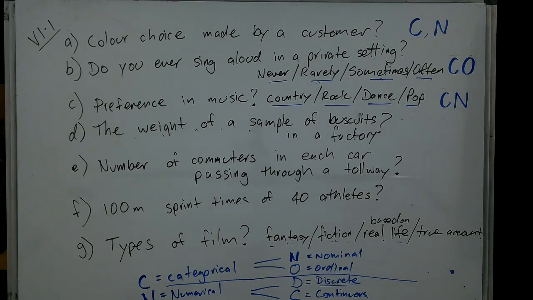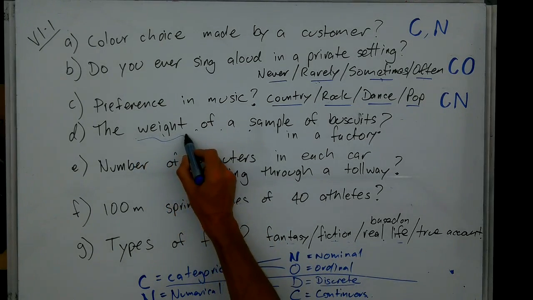Question D, the weight of a sample of biscuits in a factory production line are checked. So the biscuit factory, maybe every 1,000 biscuits that go past, they pick out 10 and they weigh them just to make sure that the biscuit machines are making all the biscuits the same. So what to recognise here is what the actual data is we're measuring, and it is the weight.